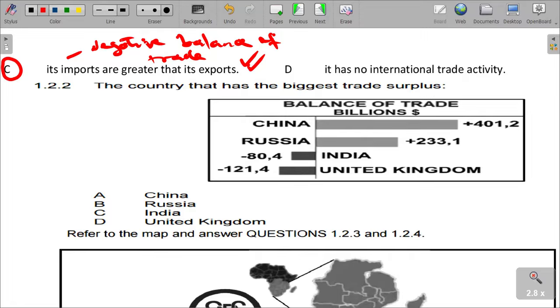The one that has the biggest, obviously, we can see China, having plus 400, the biggest is plus 401.2, which is marked by China. So our right answer is A. China has the biggest trade surplus. They are making more money there.